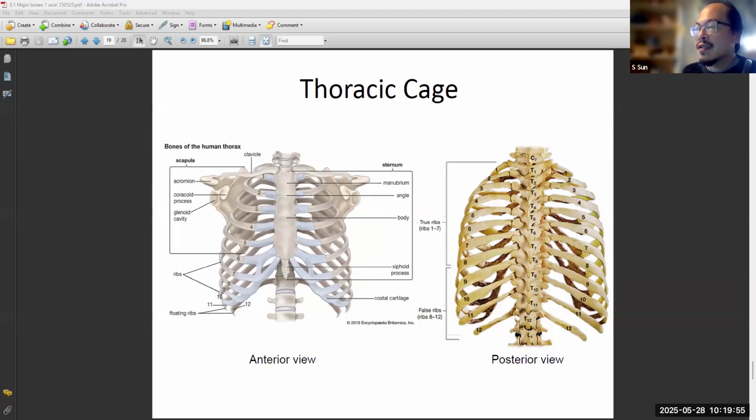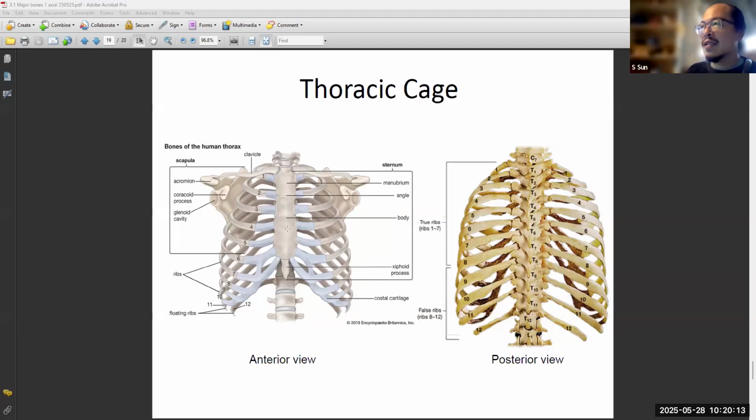The sternum has some structures. This one is called the manubrium. This is the angle of our sternum.